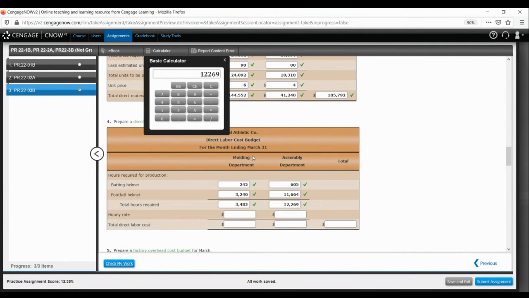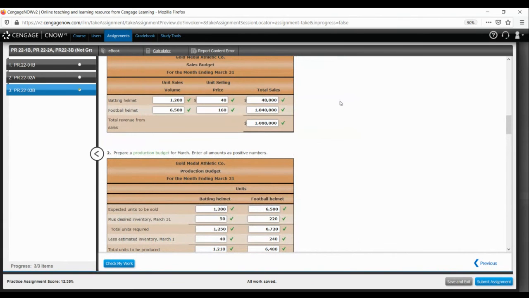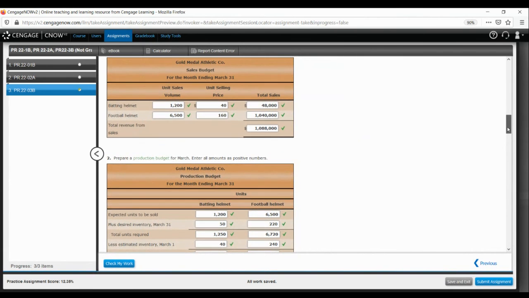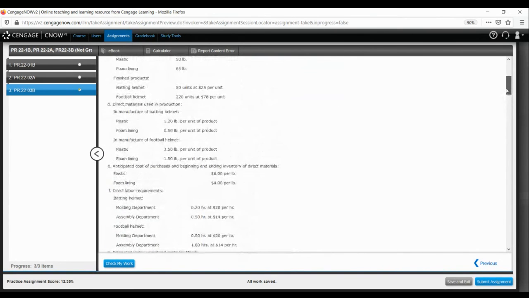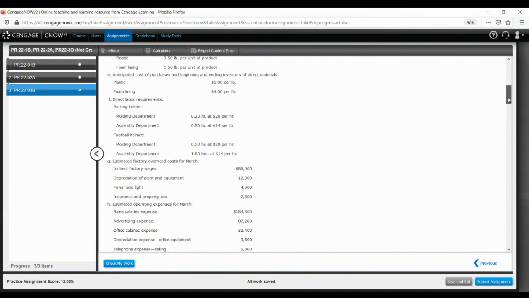The next thing we need is the molding department's hourly rate. So I'm going to scroll to find the hourly rate, and that comes from Part F. For the molding department, the hourly rate is going to be $20 per hour.